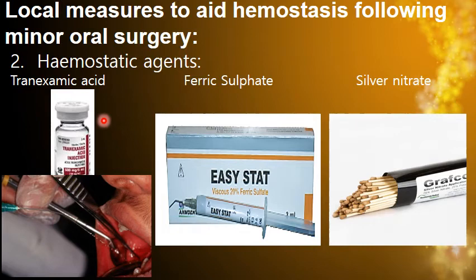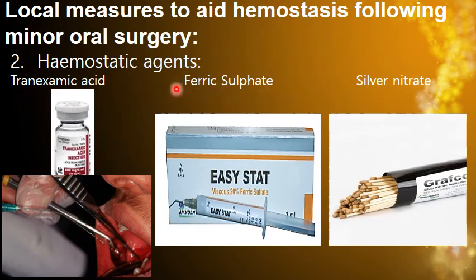How will I use it? Either by making the patient rinse his mouth with it as a mouthwash, or I use a syringe and squeeze the solution on the socket, or I dampen a cotton roll with the tranexamic acid and make the patient bite on it.